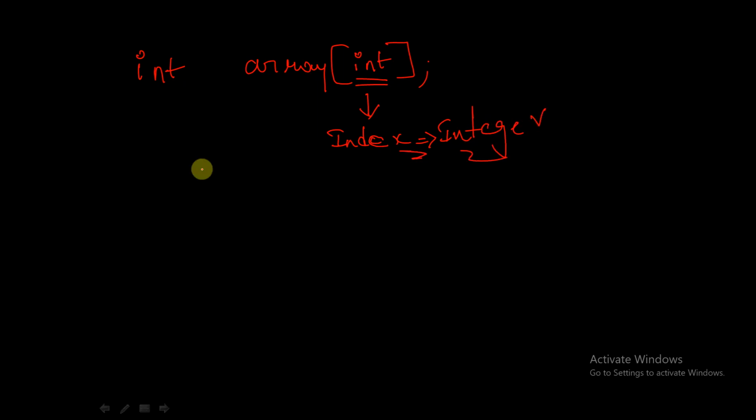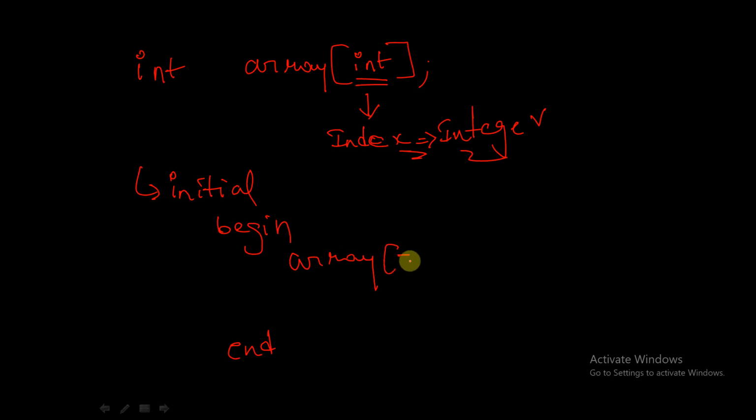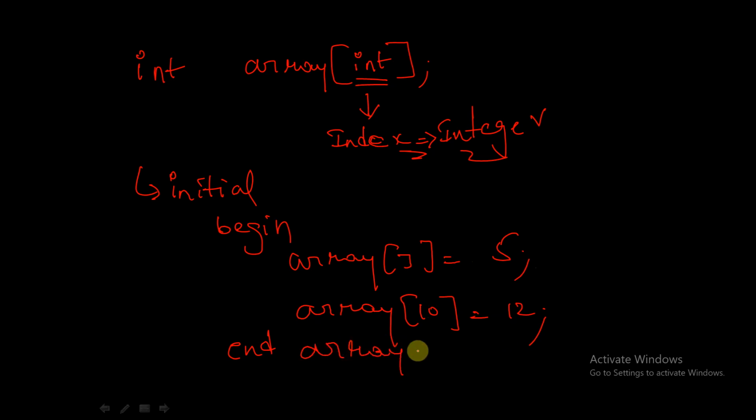Now during the runtime, within an initial block, array of 3 is equal to, let's say, 5, and array of 10 is equal to 12, and array of 13 is equal to 14.